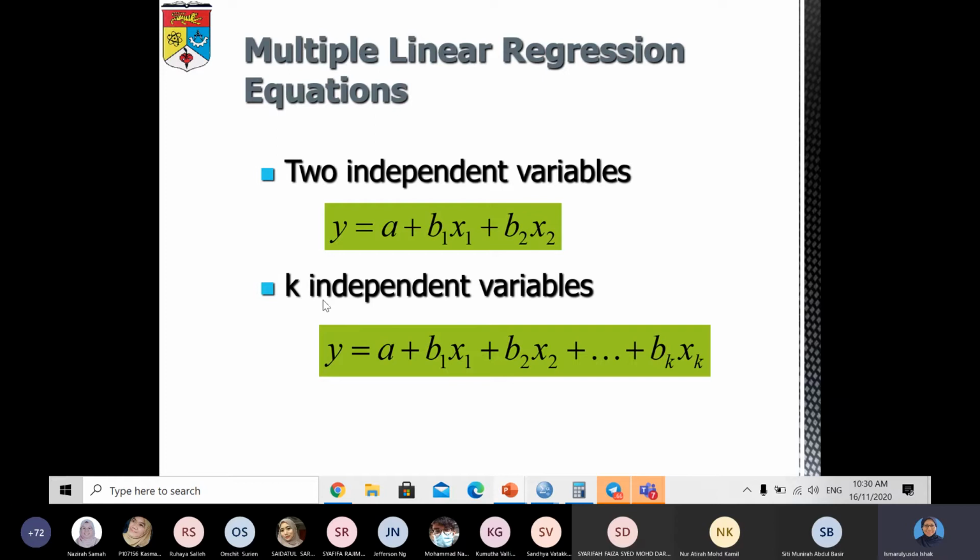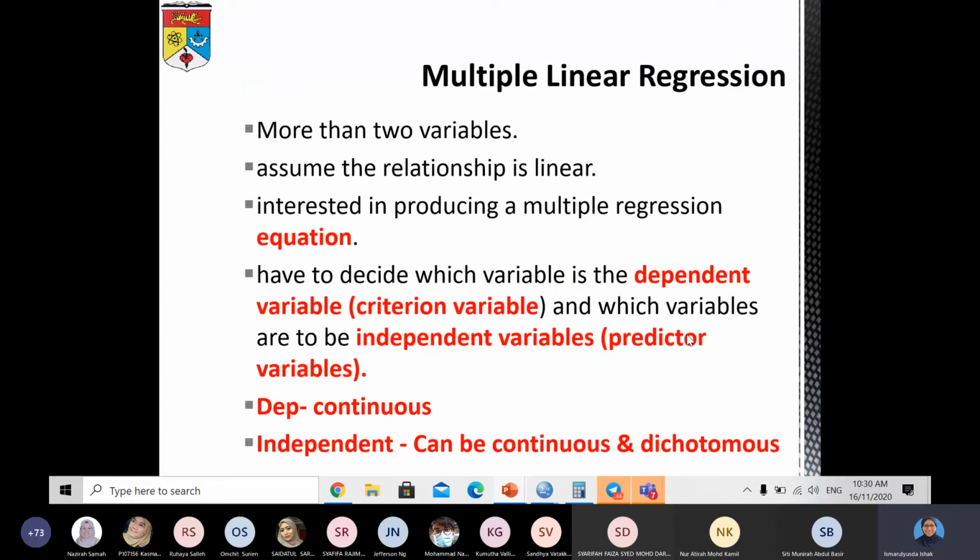With K independent variables, A plus B1x1 plus B2x2 plus up to BKxk. You can have many independent variables, whether 100 or 1,000, depending on your research.